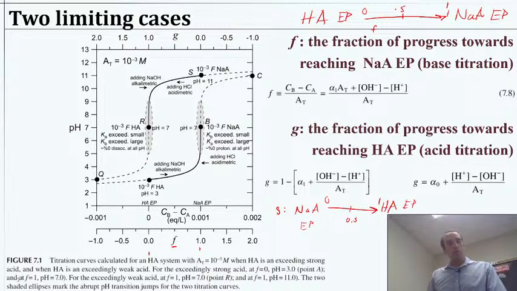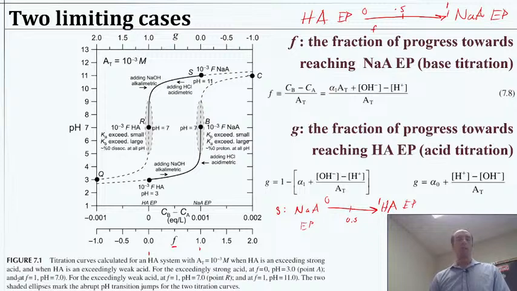Okay, we can also describe these mathematically. F could be described as that amount of strong base, that's the Cb minus Ca, divided by the total acid. And you can see this will become 1 when the amount of base we have added is equal to the total amount of acid there. Right, so it kind of becomes a bit intuitive if we stop and think about it that way.